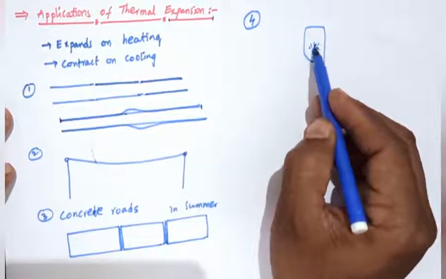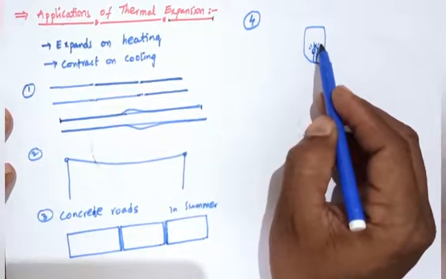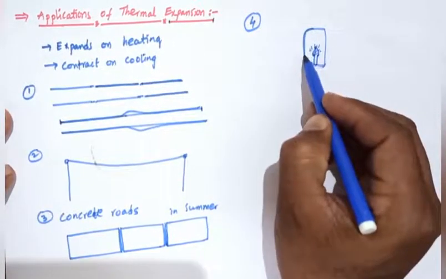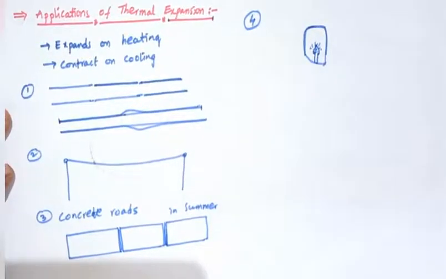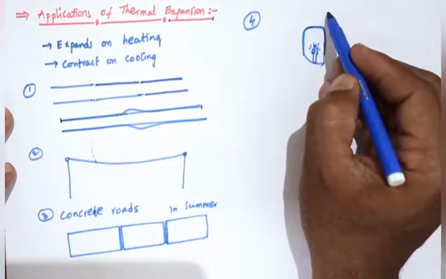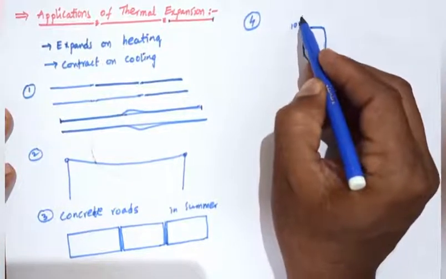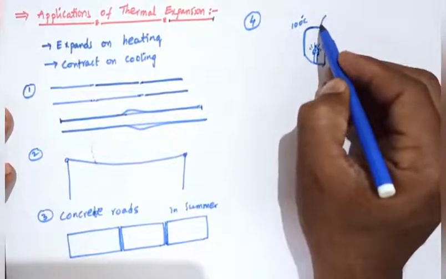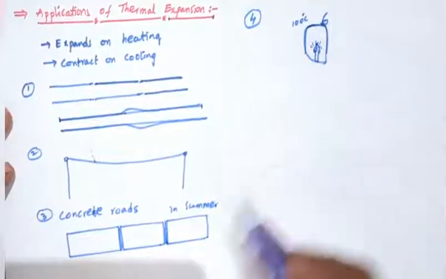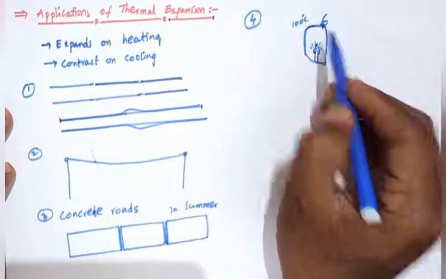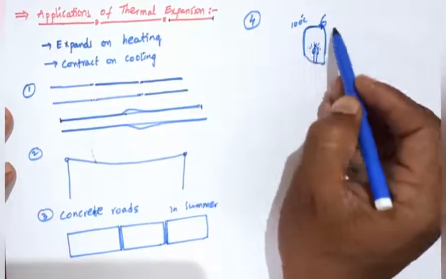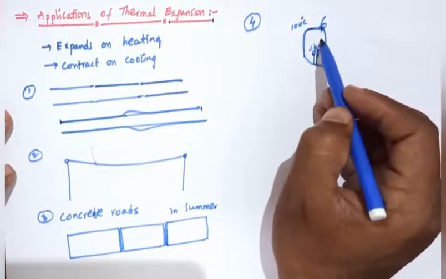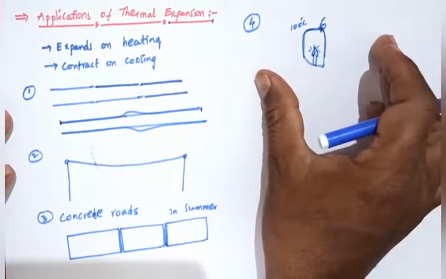When it is heated, the surrounding glass is also heated. For example, the glass is at 100 degrees Celsius, and when a water drop falls at one place, it breaks because of uneven expansion and contraction of the glass.